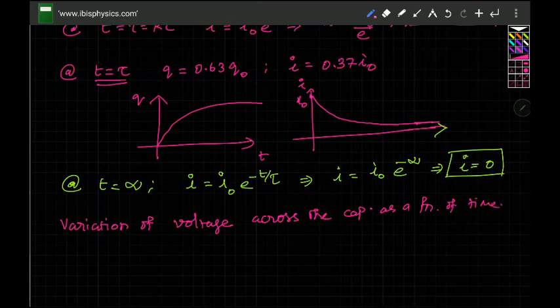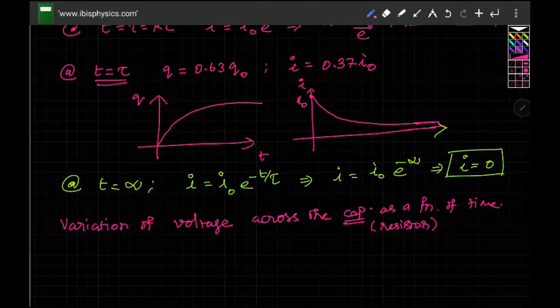We can write the variation of voltage across the capacitor, or across the resistor also you can find out, because once the current is 0, the voltage across the resistor is 0, but the voltage across the capacitor is maximum.